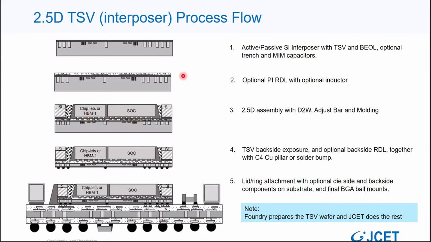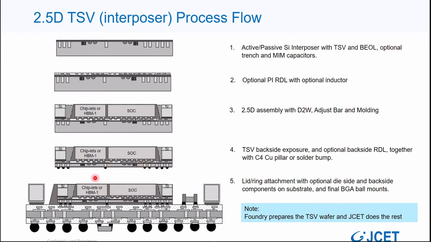So basically, the process flow for the active interposer is just like the CoWoS approach. Basically, from the TSV and backend offline, then the optional RDL on top with an optional inductor like IPD. And also the 2.5D assembly with die-to-wafer, where you can optionally put in a dummy bar for stiffener control and warpage control, or for molding. Then the TSV backend is exposed with the backend RDL and also the C4 bumping.